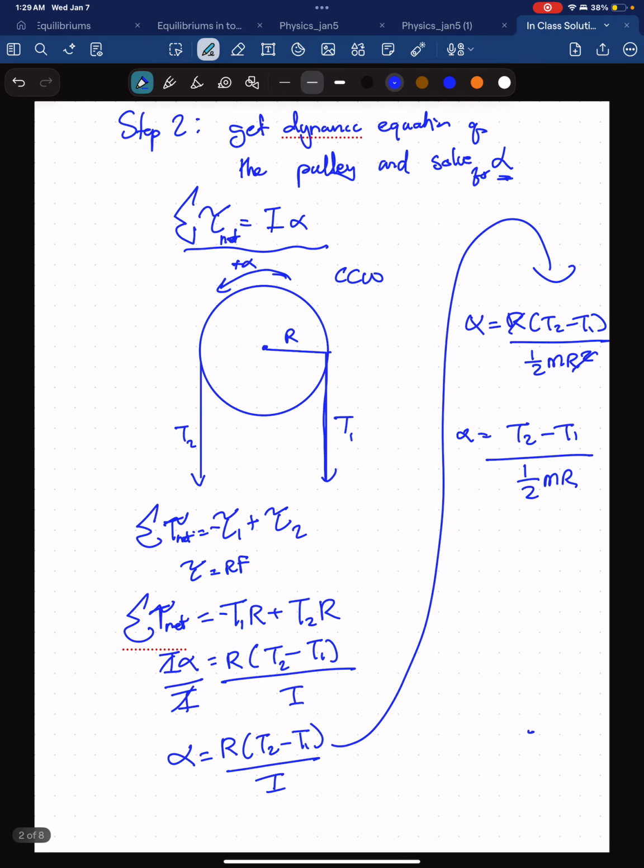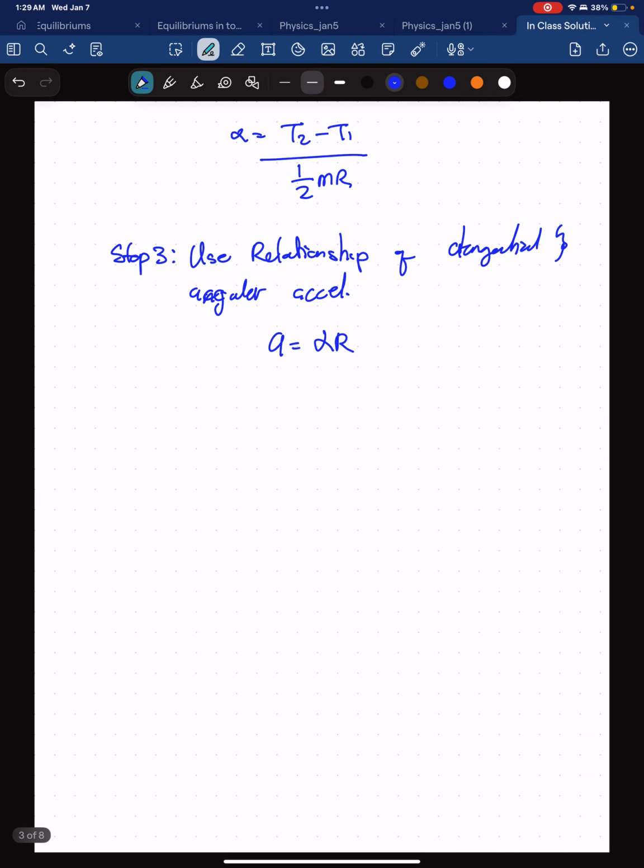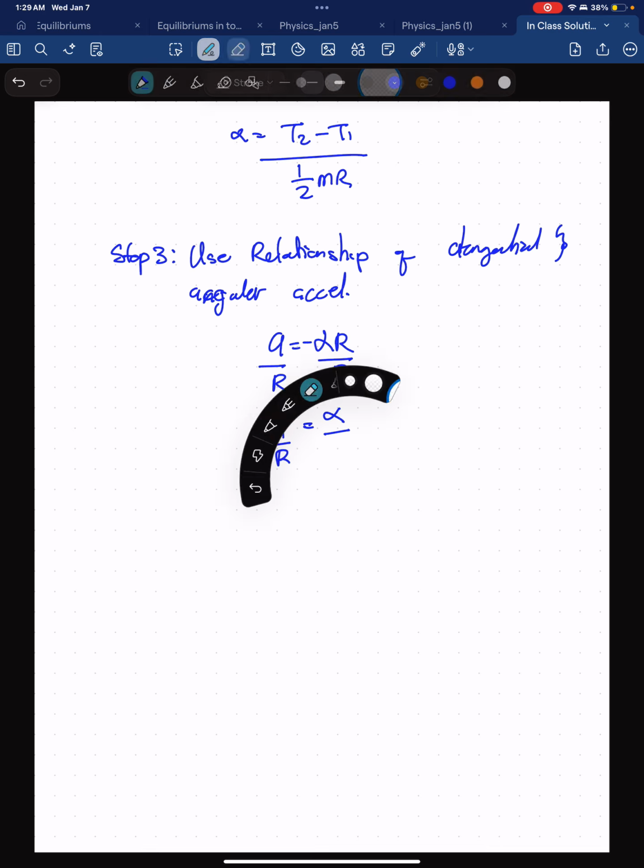So because our system is moving in a clockwise direction, its angular acceleration is negative. If I divide by R on both sides, I get alpha is going to be, they cancel out.